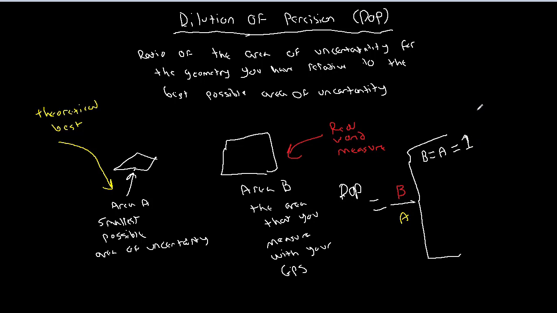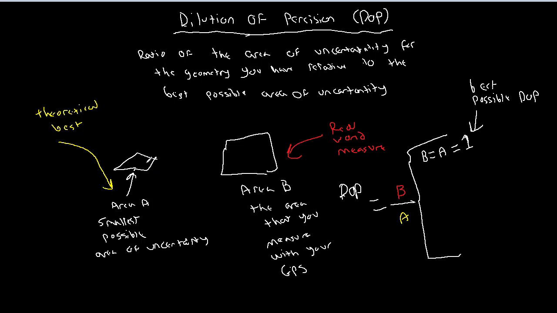So a value of 1, this is the best possible DOP, right? It means our geometry is the same size as the best geometry possible, okay?